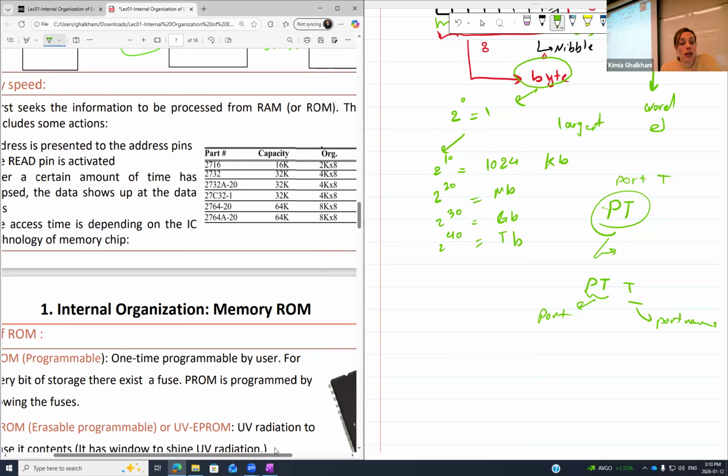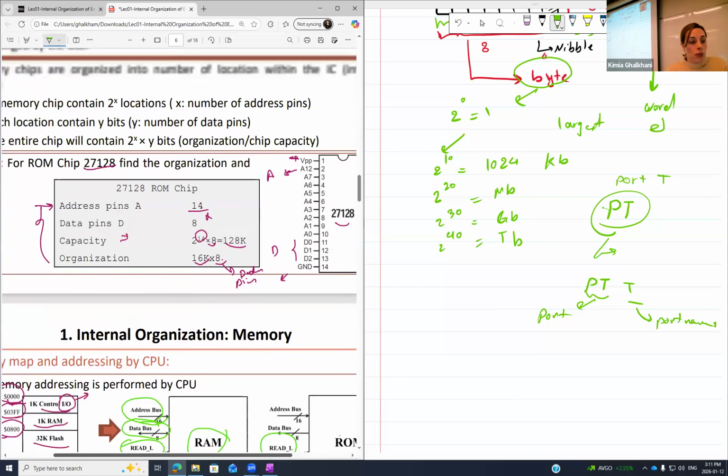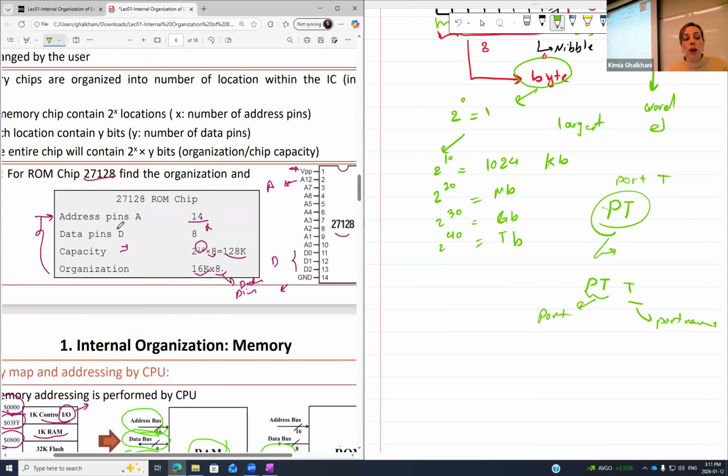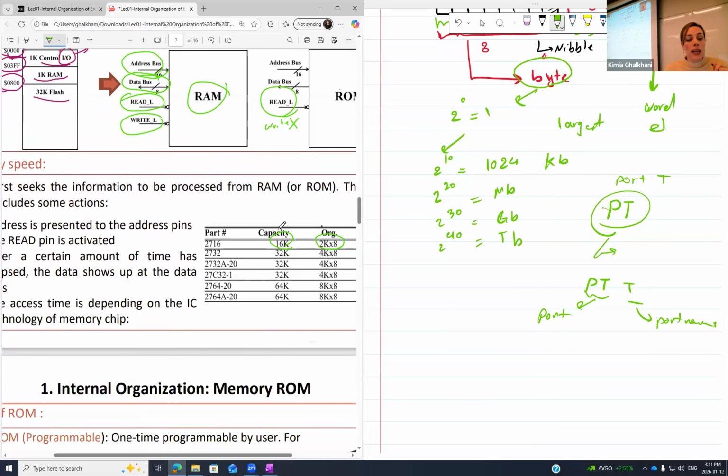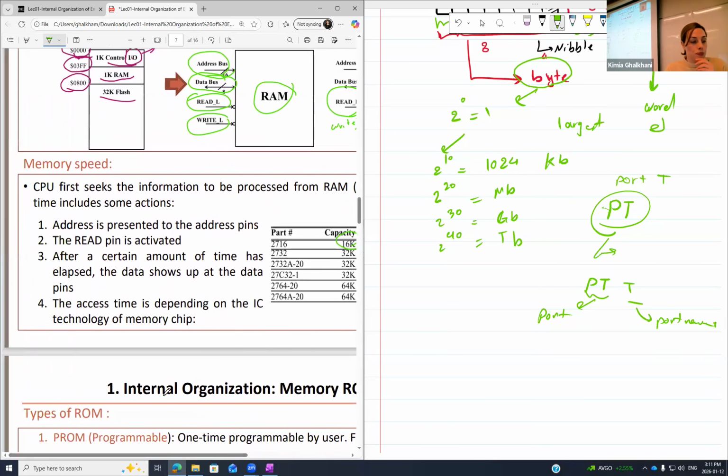If the capacity is 16K, the organization I now know is 2K times 8, and you just take the information from the data sheet. Look at how I calculate one more time. I calculate based on data pin and address pin. If I have the data pin and address pin, I can calculate the capacity for any chip.